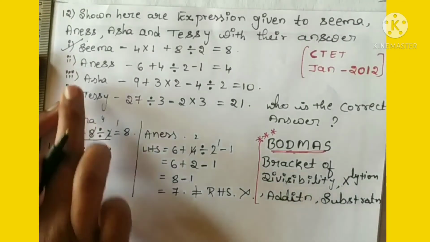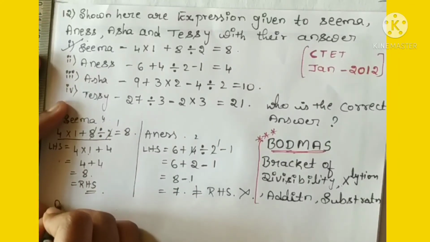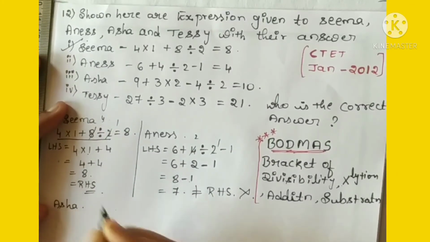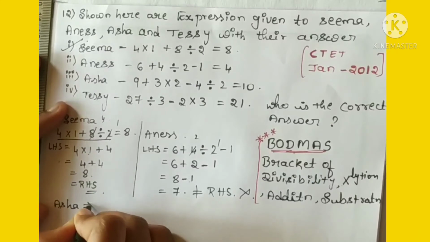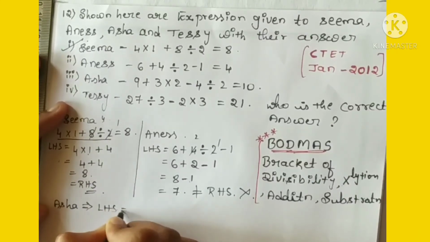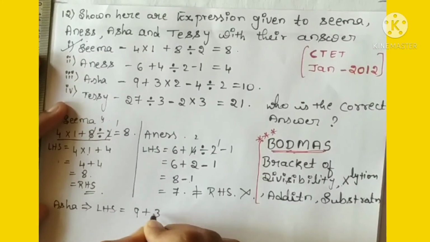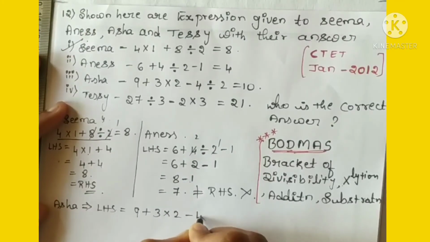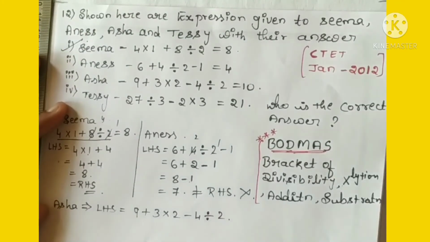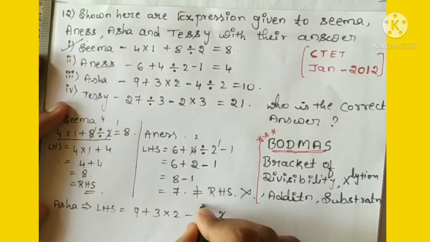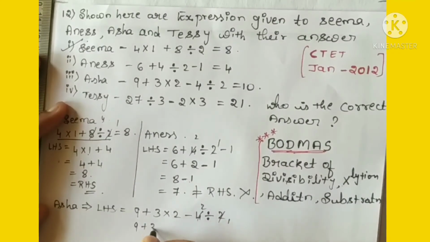Now I will go for Asha. Here the LHS is 9 plus 3 into 2 minus 4 divided by 2. Here I first do the division, that is 4 divided by 2, 2 ones are 2, 2 twos are 4. So 9 plus 3 into 2 minus 2, I write as it is.